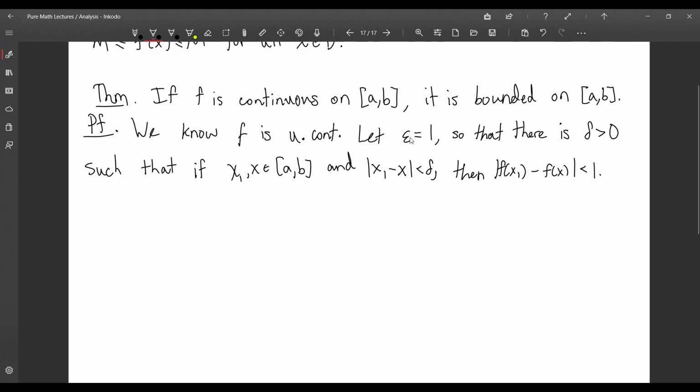Okay, so now we're going to define a sequence here, x sub n, which is equal to a plus n minus 1 times delta. So x sub 1 is equal to a, x sub 2 is equal to a plus delta, and so on and so forth.